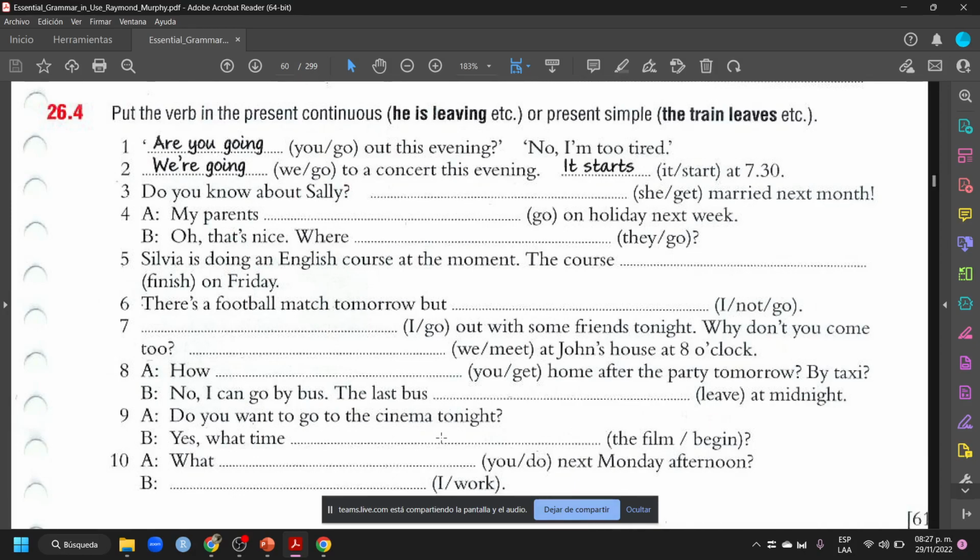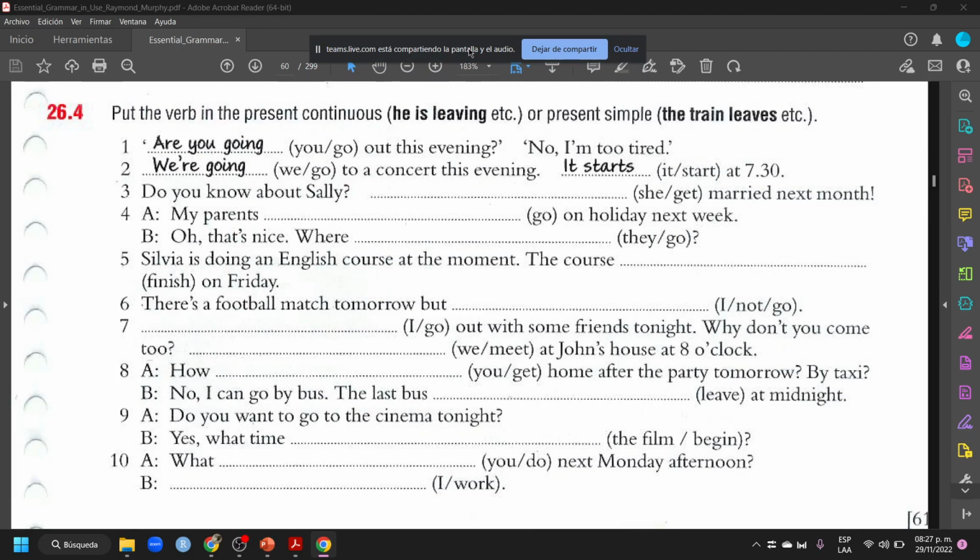Put the verb in present continuous or present simple. We have here the first and the second. The first is: are you going out this evening? No, I'm too tired. We are going to a concert this evening. It starts at 7:30.